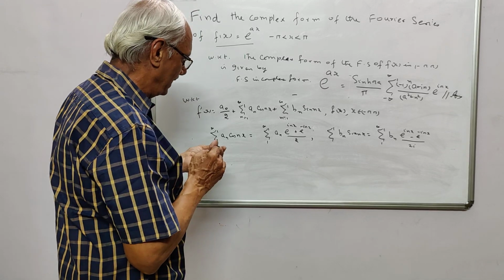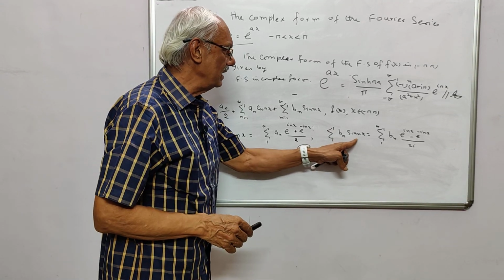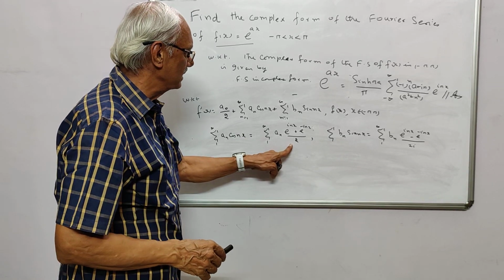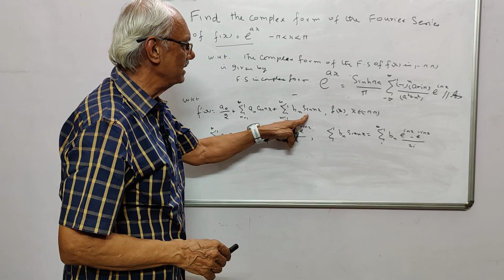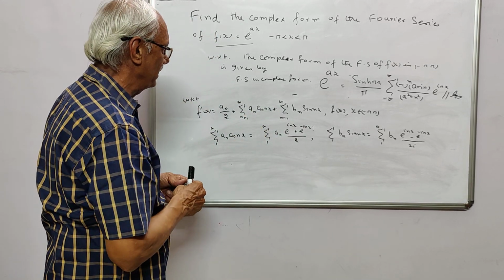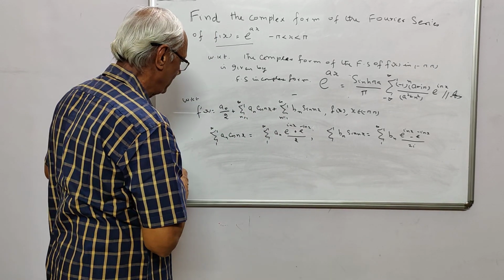So these are the values: sin nx is this one and cos nx is this. Now I will substitute these in these places.